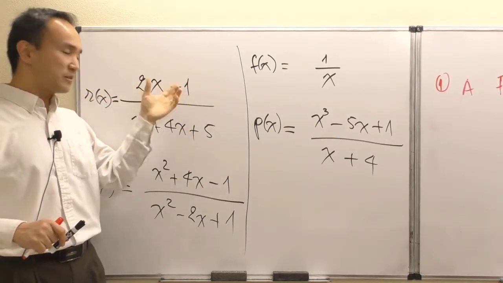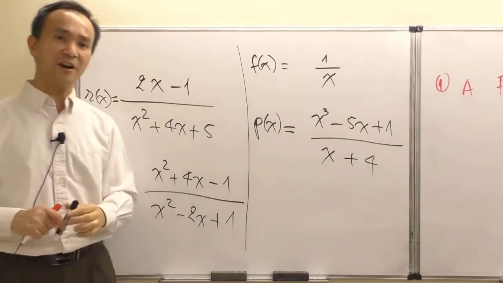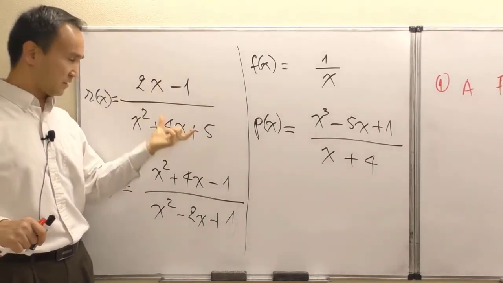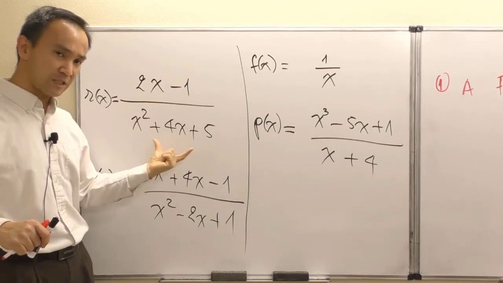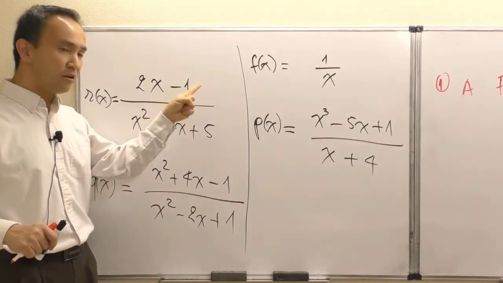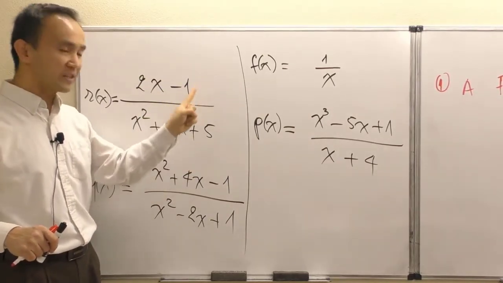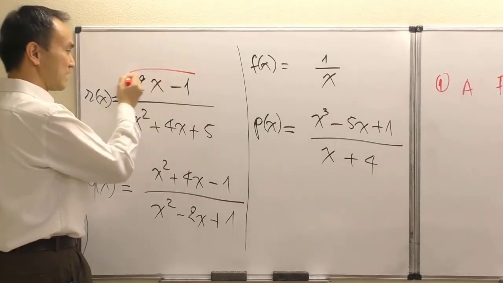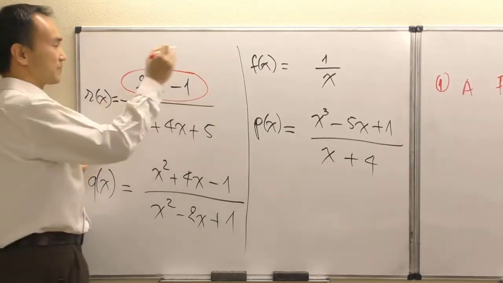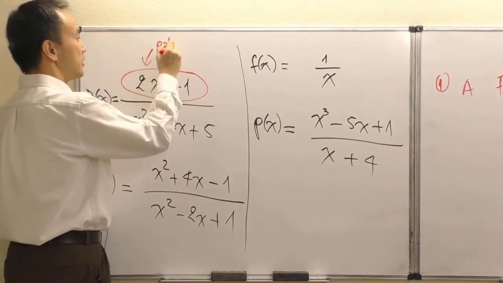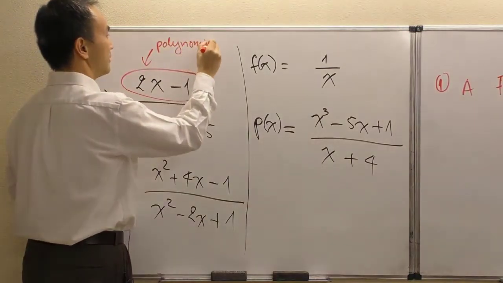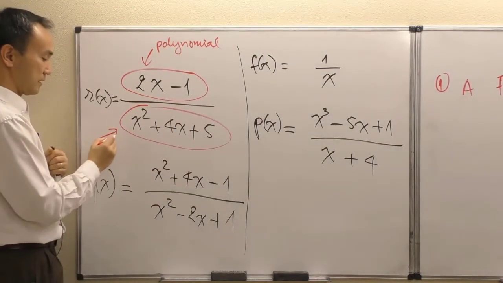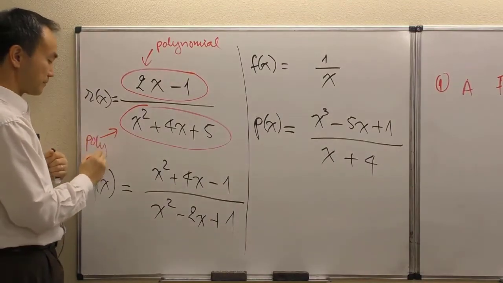If you focus right here at this particular function, this fraction for now, some expression in the numerator, some expression in the denominator, and look individually at each of these components, the numerator and the denominator, this is something we are now familiar with. This is a polynomial, and the denominator is also a polynomial.